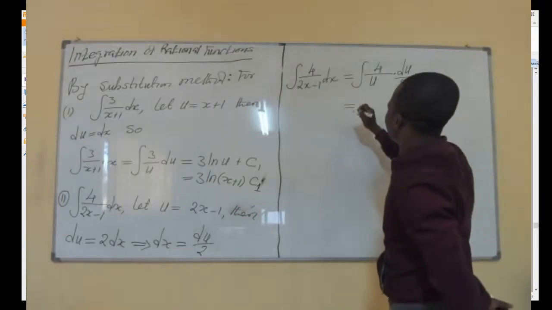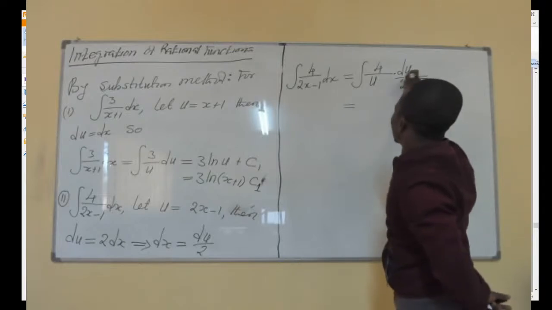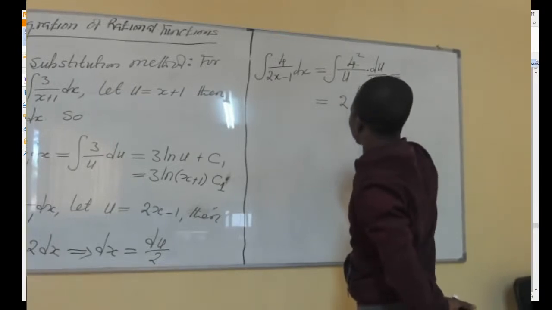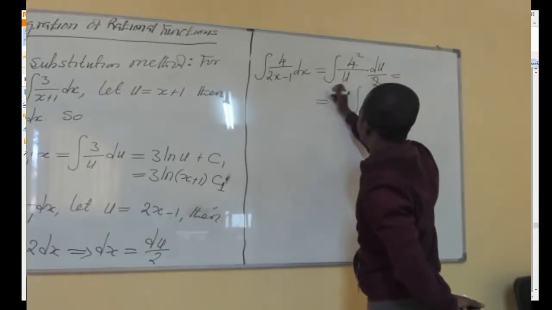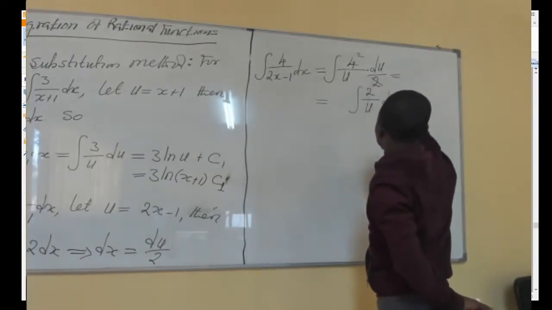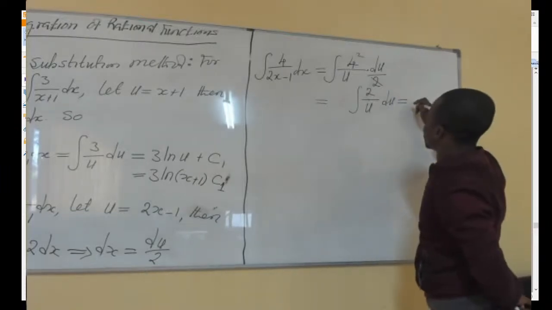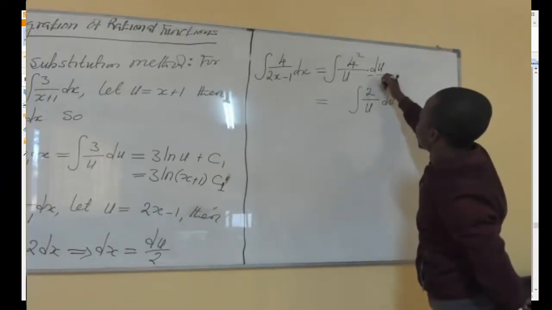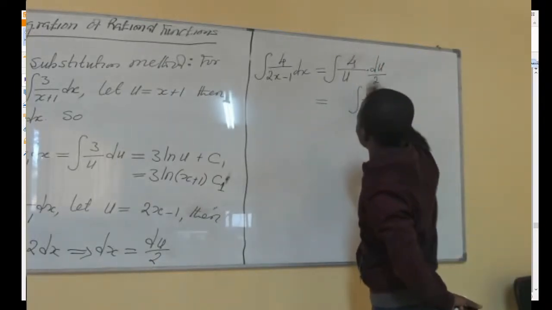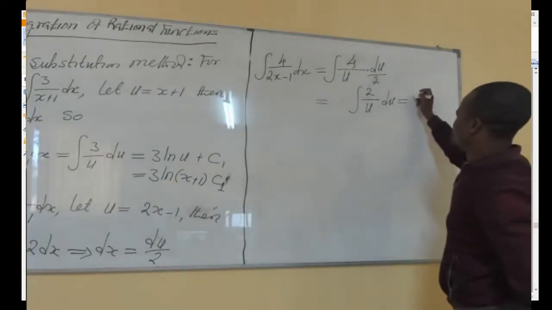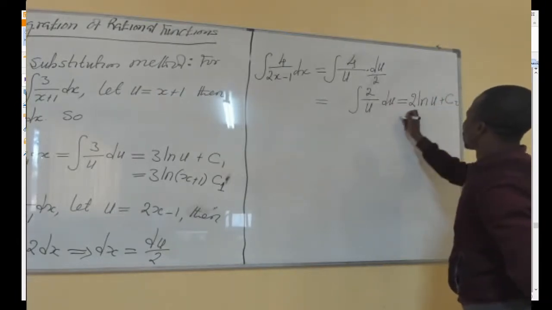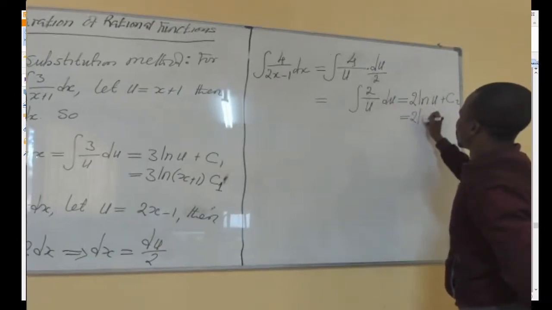And this will be equal to, we have 2, so this is equal to the 2 times the integral, okay, 2 over u du, which will be equal to 2 ln of u plus c2, which is equal to just 2 times ln.